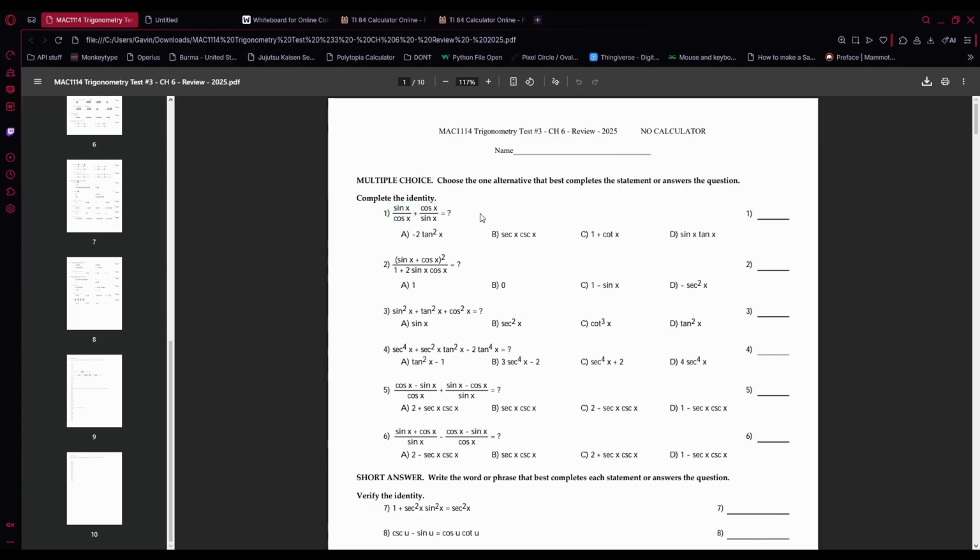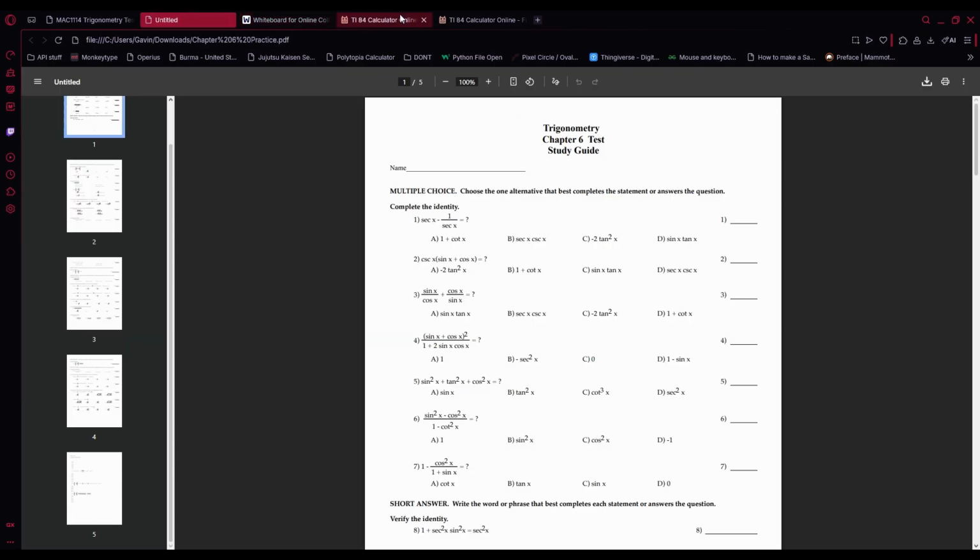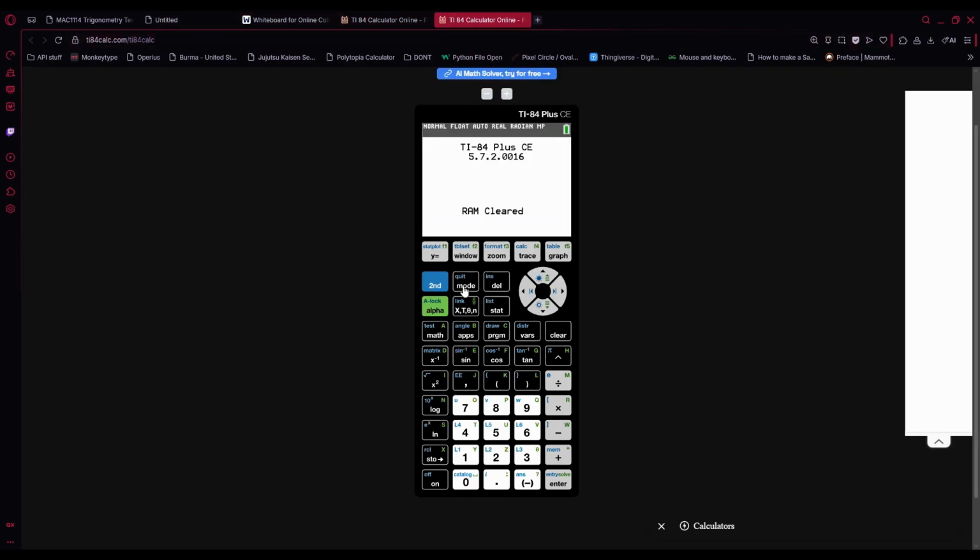What you can do is say sine, and then use a placeholder value. So let's say 1. Sine 1 divided by cosine 1, and then let's just put in parentheses, make sure we don't have any errors.